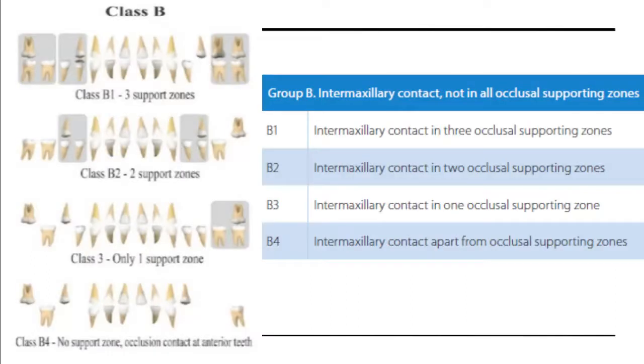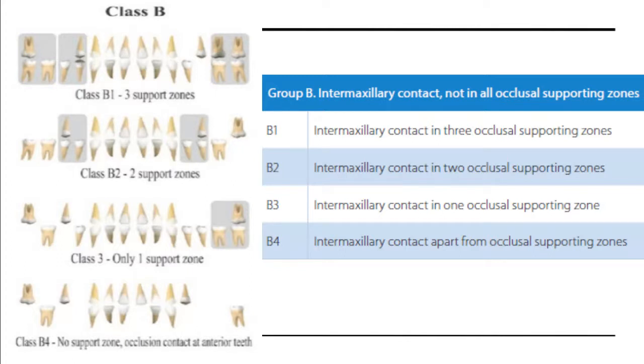Now coming to class B. Observe carefully, boys. Class B is further divided into B1, B2, B3, and B4. Here in B1, there are intermaxillary contacts in 3 occlusal supporting zones.